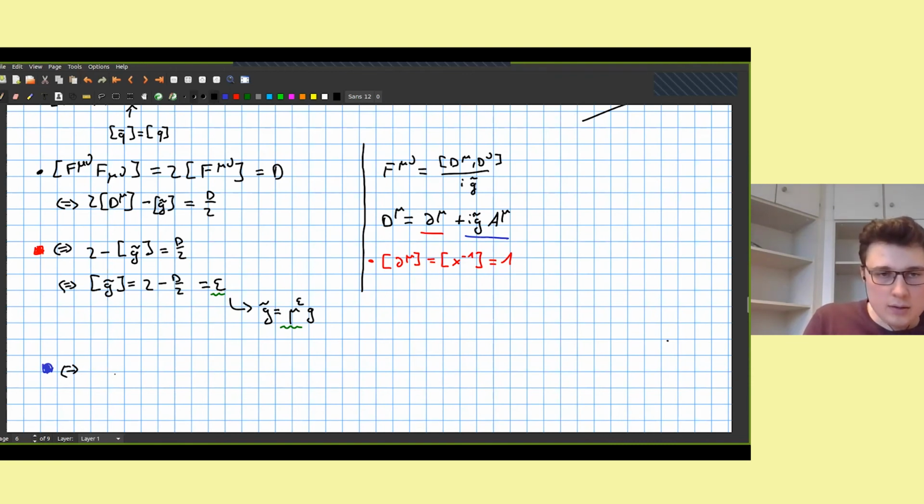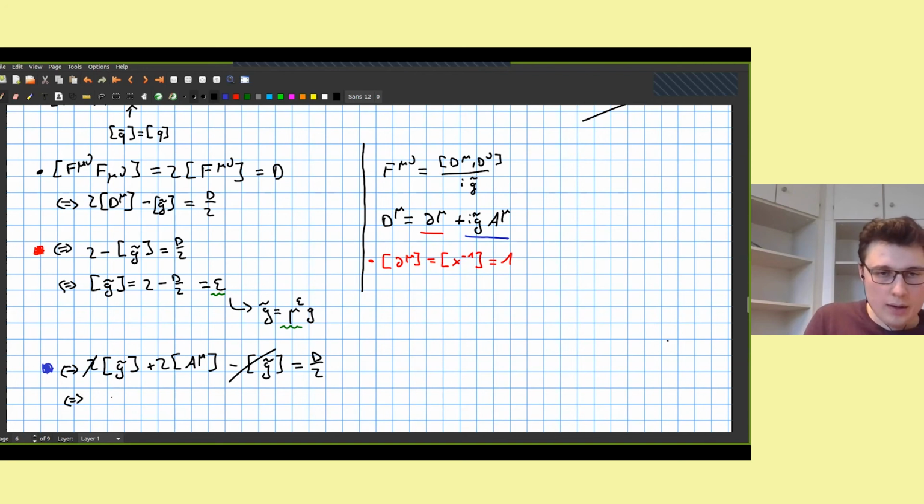In this case, we have again a factor of 2, but now we have 2 times G twiddle plus 2 times A mu. See, we have a factor of G twiddle here and a factor of A mu here, minus mass dimension of G twiddle is equal to D over 2. Okay, so this factor here cancels with this here.